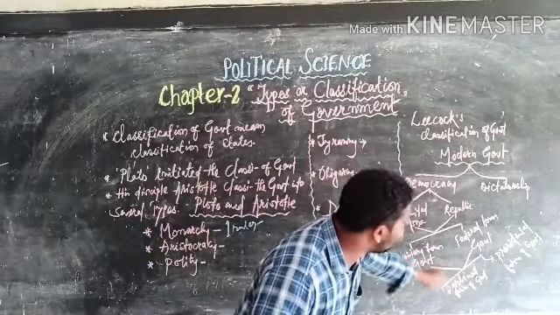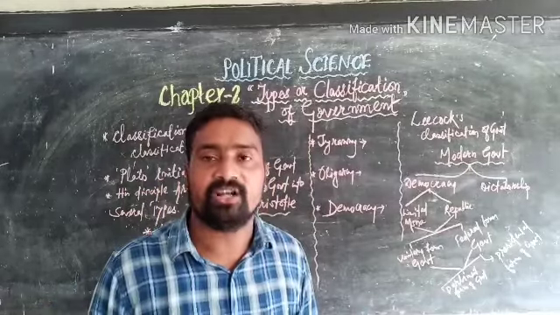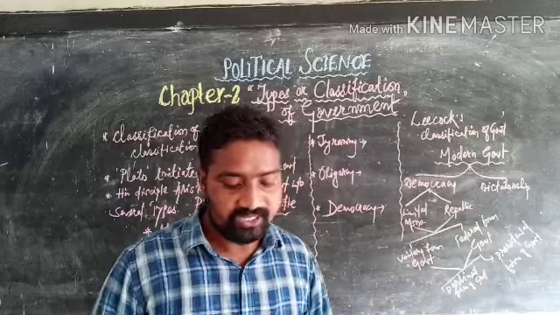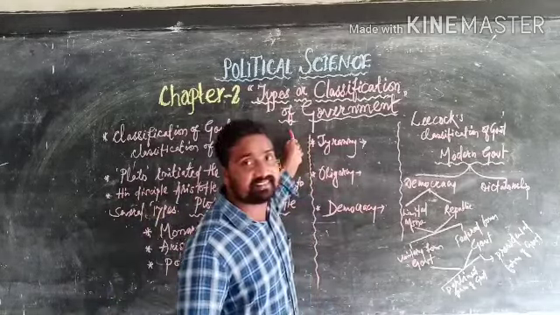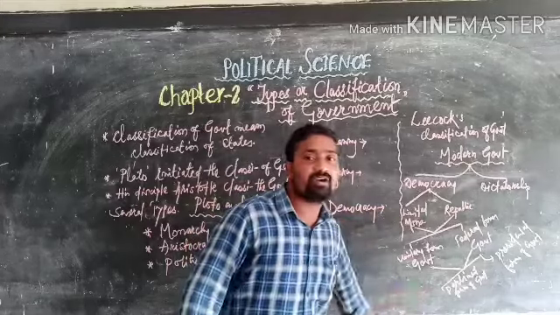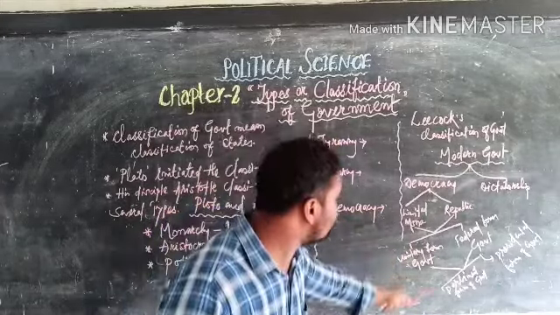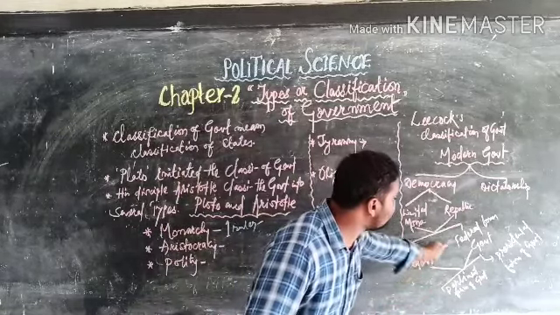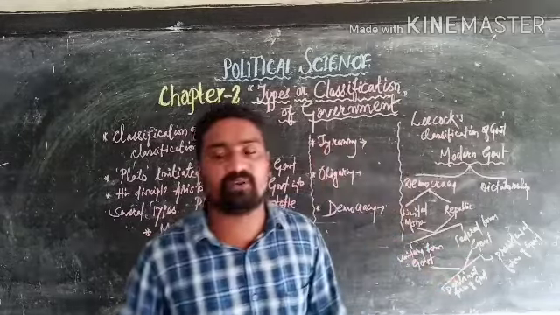These four are very much democratic in nature, which is becoming popular day by day. So in our lesson 2, our topic of discussion will be these four forms of democracy: unitary, federal, parliamentary and presidential.